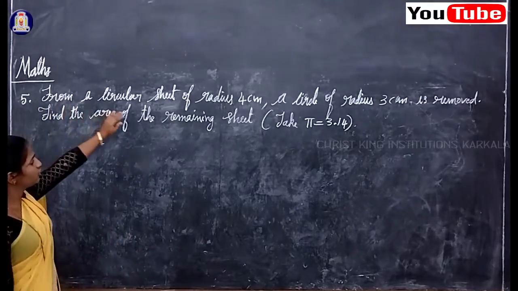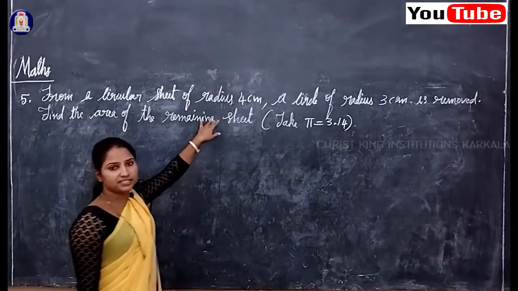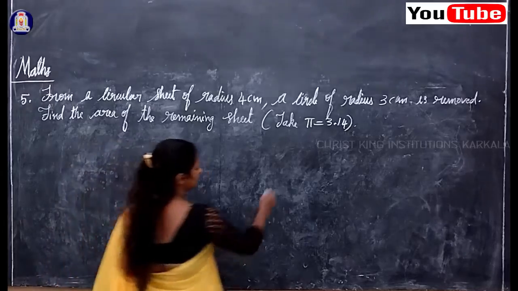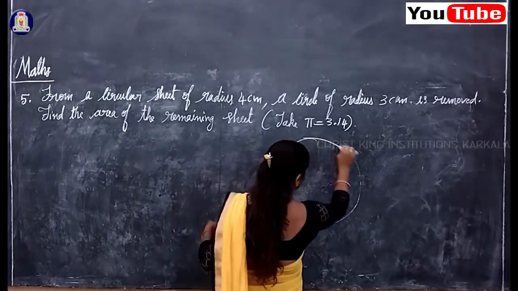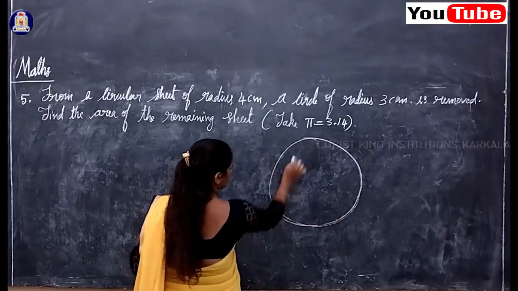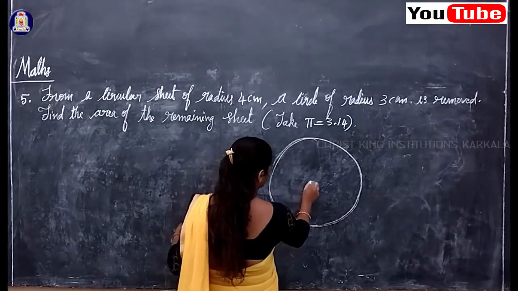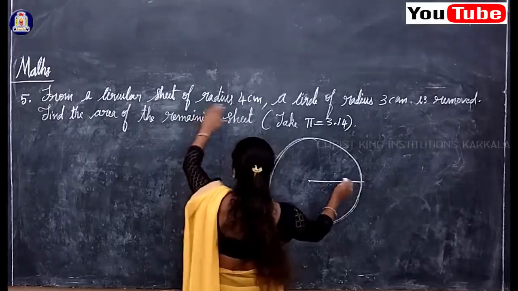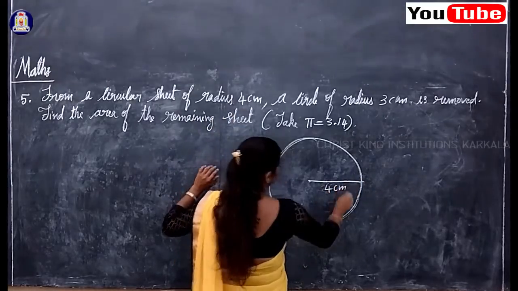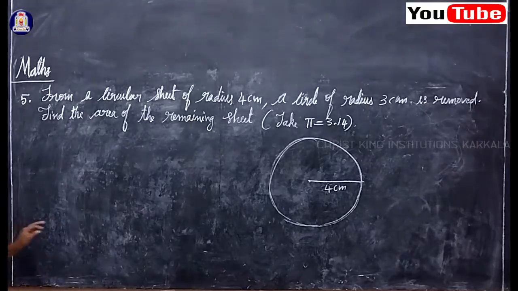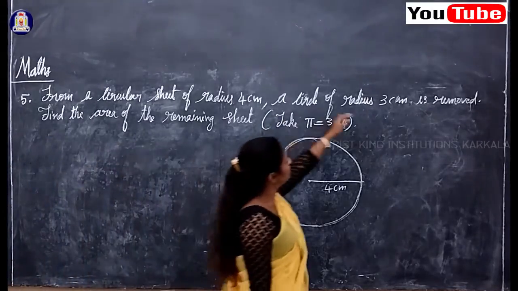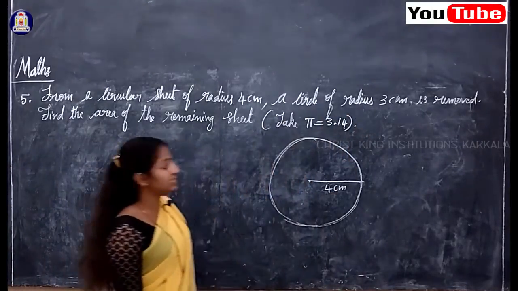Okay, the next question, that is the fifth one. From a circular sheet of radius 4 centimeter. If this is a circular sheet, this is one circle shape, a circular sheet of radius 4 centimeter. And a circle of radius 3 centimeter is removed.